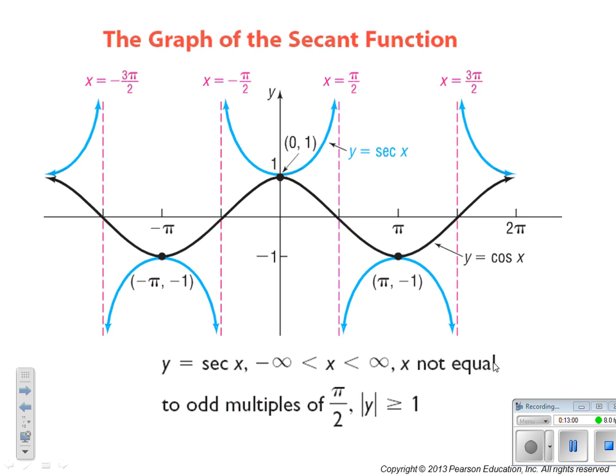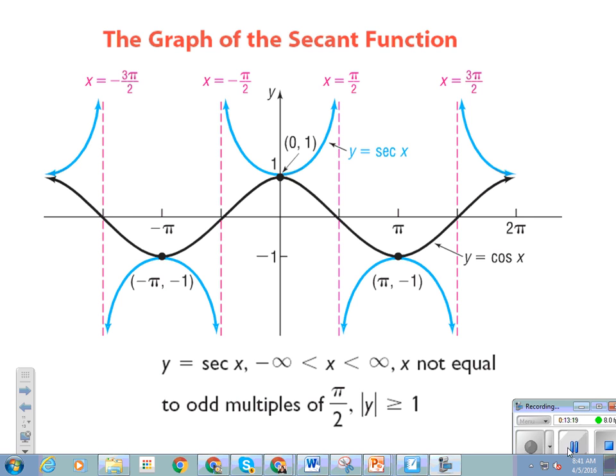And just like cosecant, we will not get any outputs between 1 and negative 1. So our range is all real numbers except for those between 1 and negative 1.